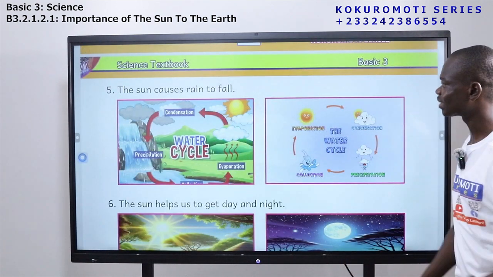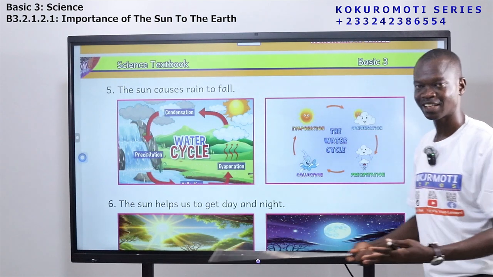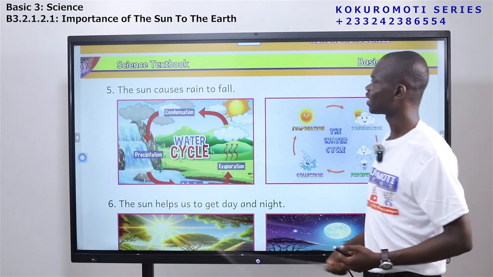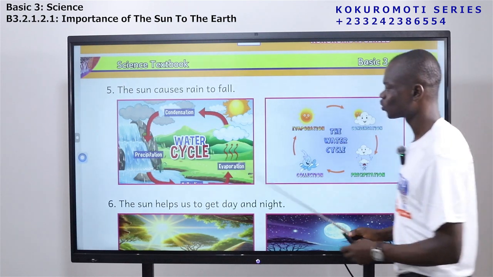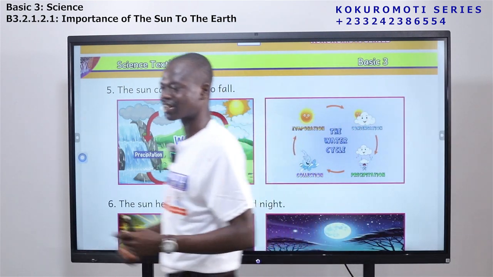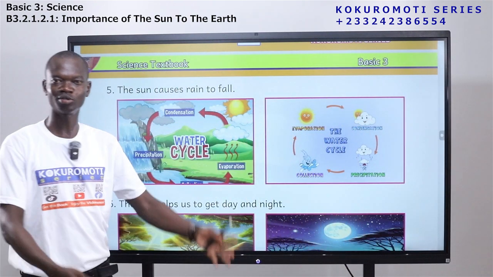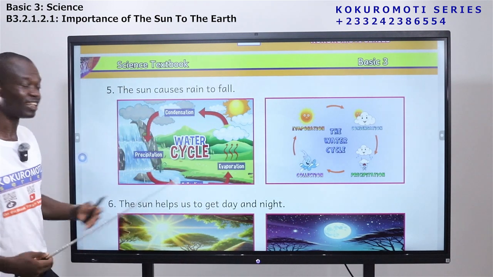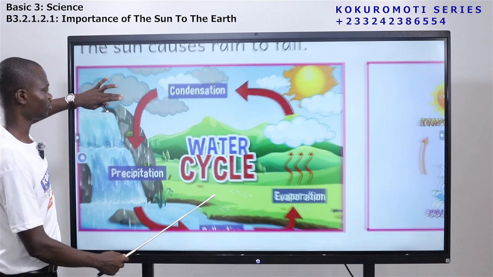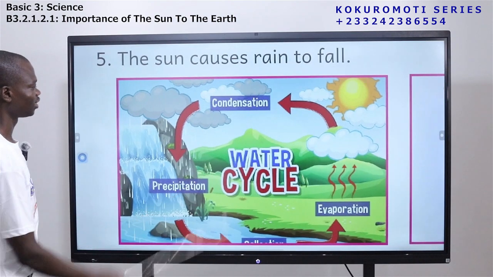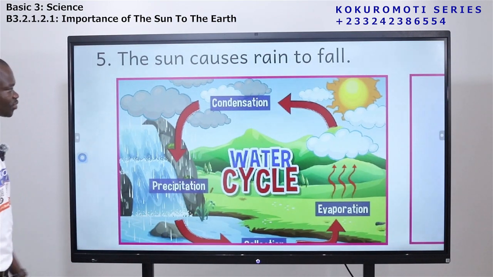The next importance of the sun is that the sun causes rain to fall. So it doesn't just rain. Something causes it to what? To rain. And the sun is one of the things that causes what? The rain to fall. So if you look at this, this is how the whole thing looks. Very good.